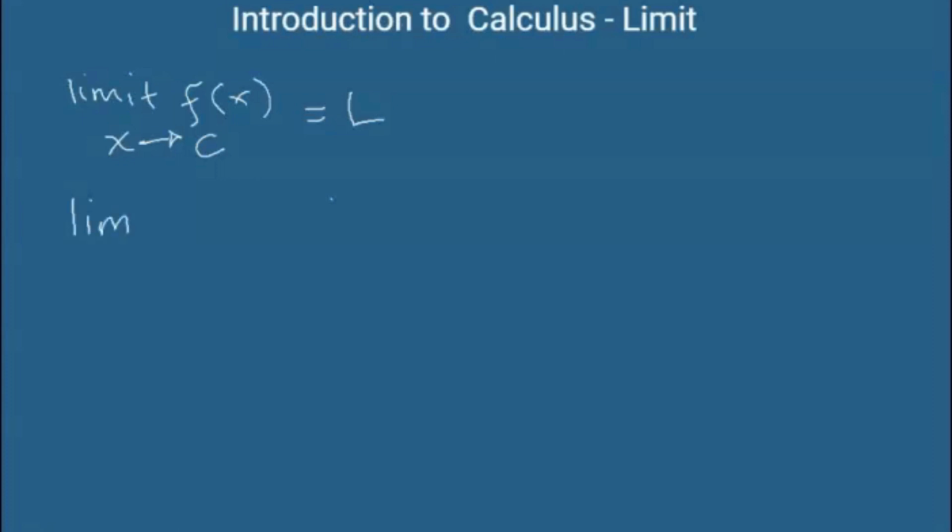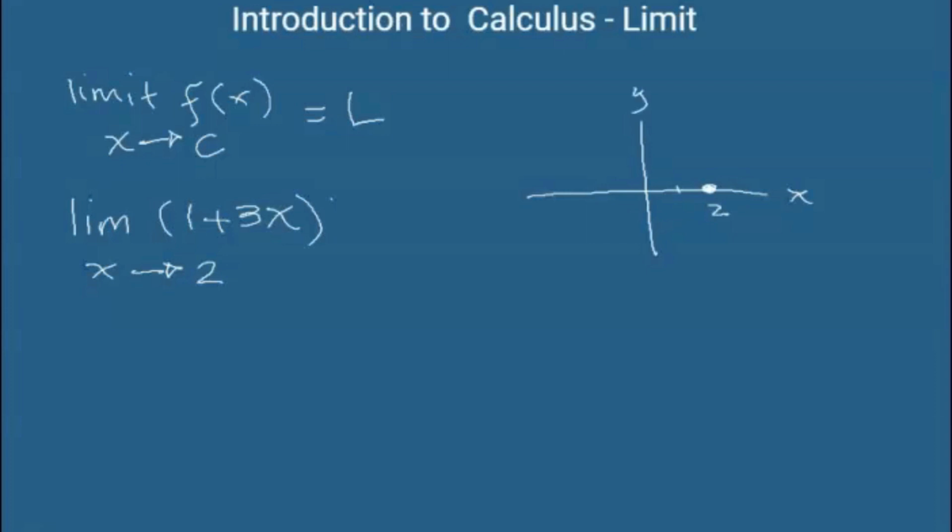Let's say we have limit of 1 plus 3x as x approaches 2. So this means in the number line is that as we approach x equals 2, what would be the f of x?